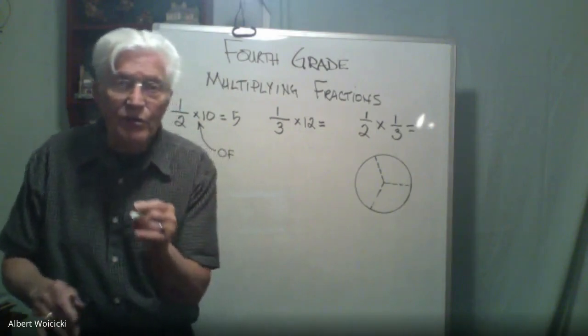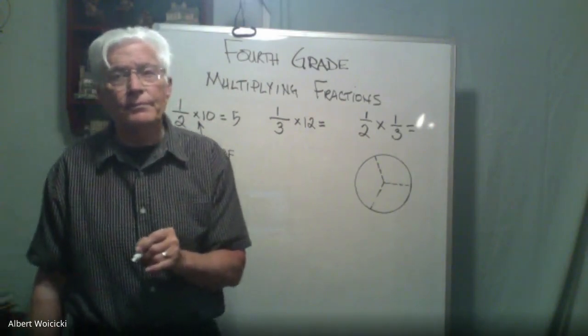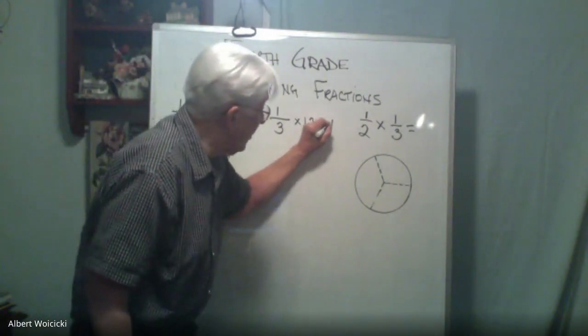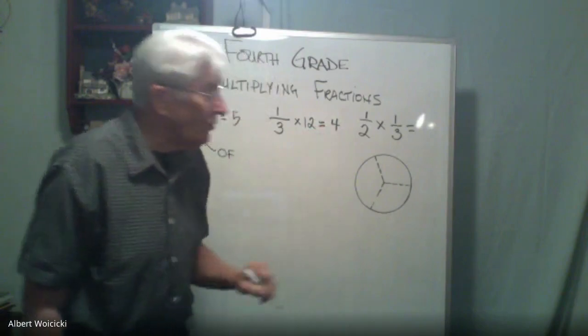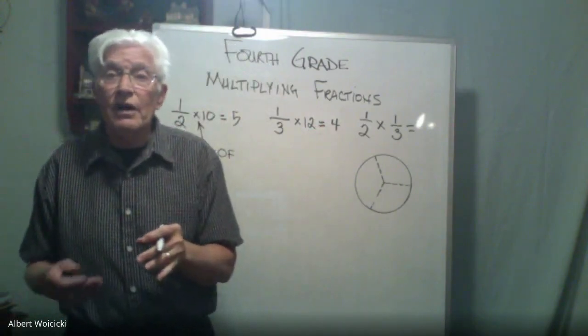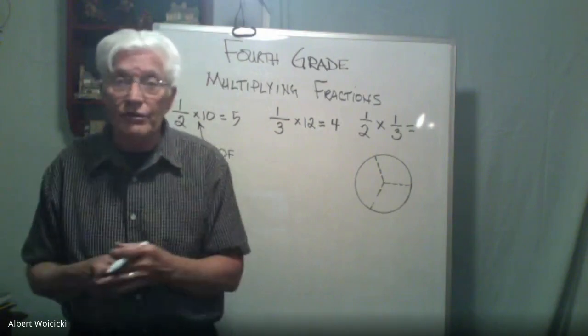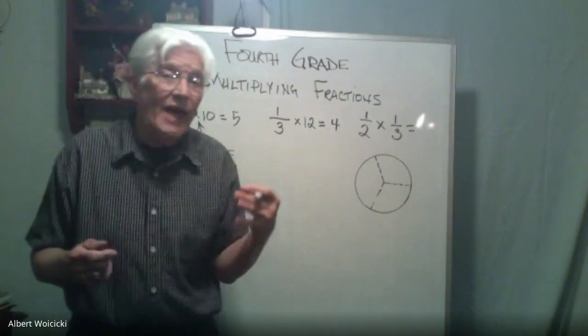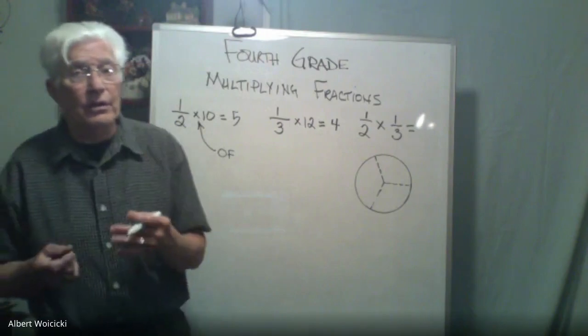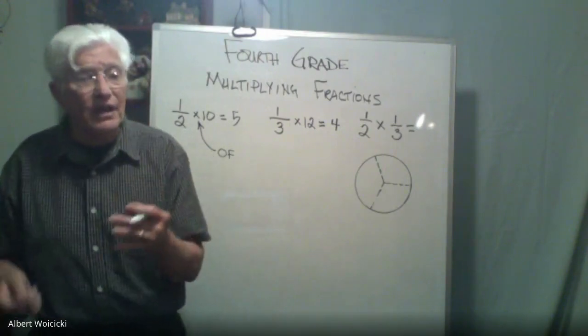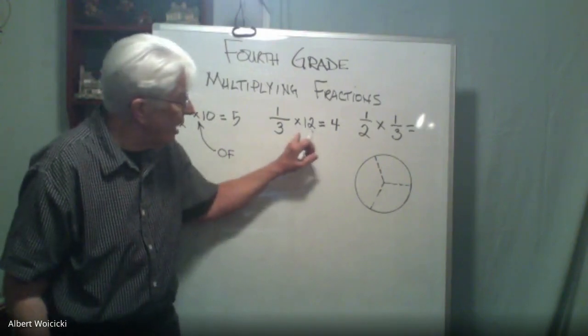What's the value of each piece? So, of course, they know that 3 times 4 is 12, so they know that this is our solution. And that's where we start, because that makes things simple, but they're reading it. What is 1/3 of 12?